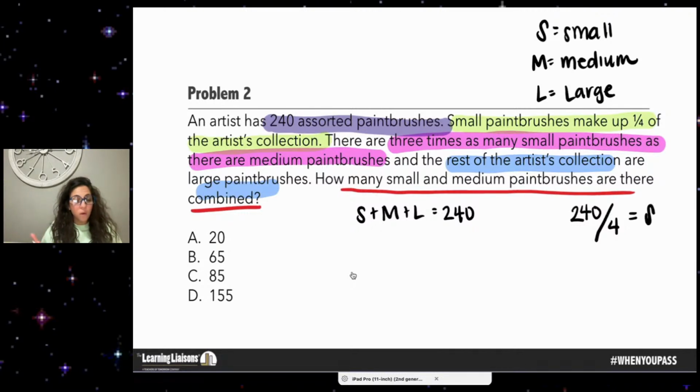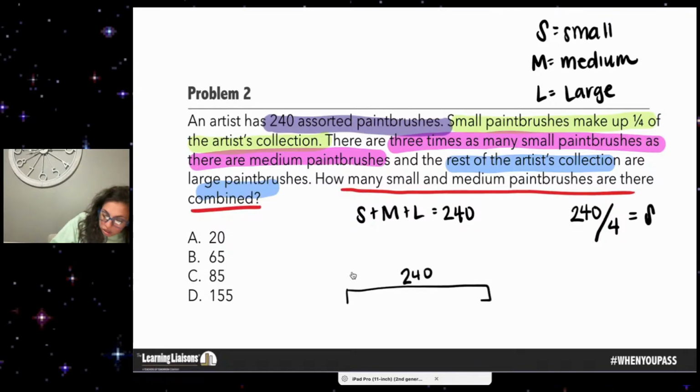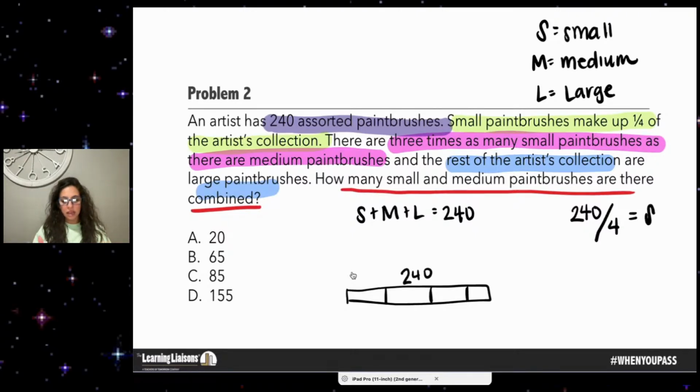If it's 1/4, I can divide 240 into 4 buckets. Those aren't equal, but we'll pretend they are. So I'm going to divide 240 by 4, and that gives me 60, 60, 60, 60, right? So there are 60 small paintbrushes.